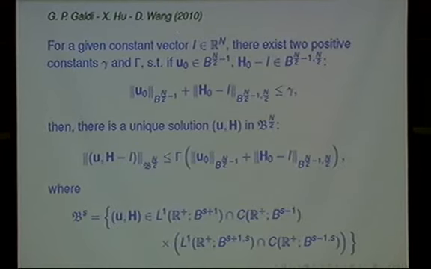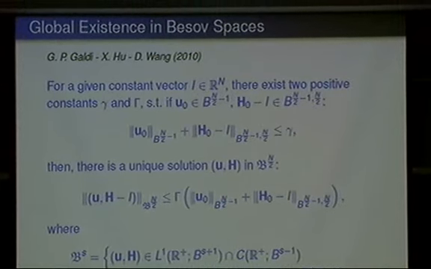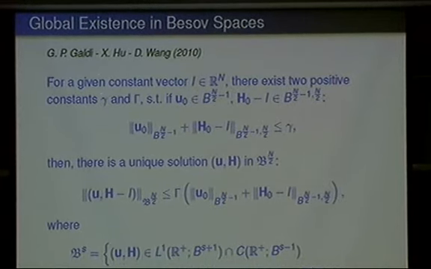And now we have the global existence result, and it says this. We need a constant vector R, any constant vector, but non-zero.